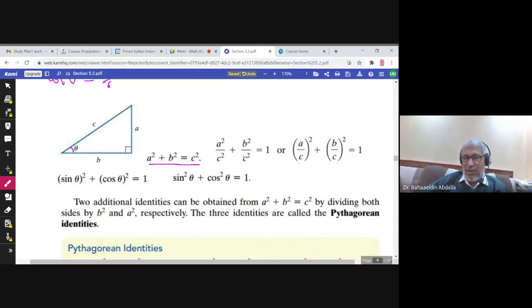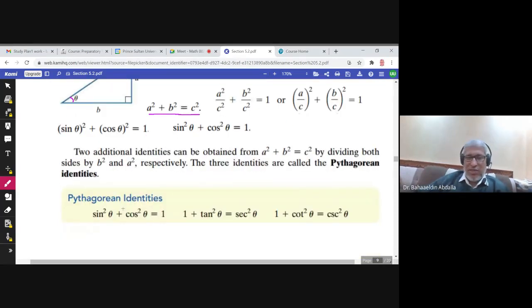Or you can write it like this: a over c all squared, because if you distribute the power, you will have a square over c square. Now, what is a over c? Opposite over hypotenuse. Opposite over hypotenuse is sine. And b over c is cosine, adjacent over hypotenuse. So this equation means that sine square plus cosine square is 1. So this is the first Pythagorean identity.